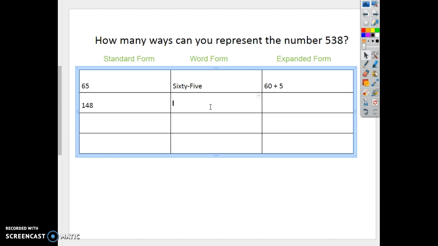All right, so the word form would be one hundred forty-eight. And the expanded form would be 100, because the 1 is worth 100, plus 40, because the 4 is worth 40, and plus 8, because the 8 is just 8.